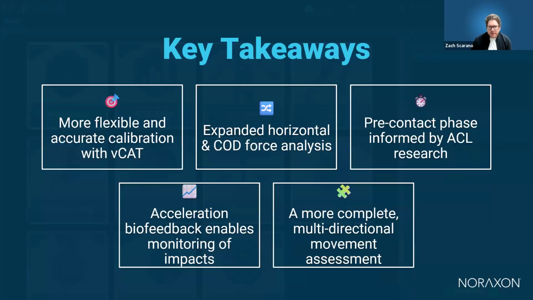First, VCAT gives you much more flexibility and accuracy in calibration, especially when working with athletes or patients who can't assume that perfect natural or neutral posture. This helps ensure that your joint angle data better reflects how people actually move without adding extra steps or several retakes to your workflow.